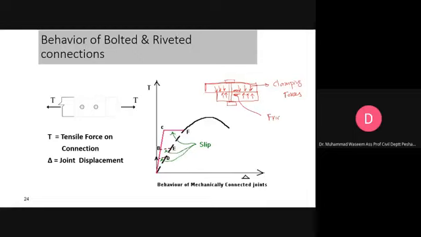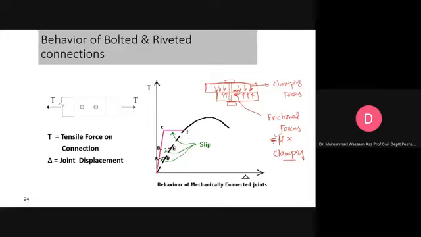Apart from the clamping forces, there will be frictional forces acting along the faying surface. The magnitude of the frictional forces is mu times the clamping force, where mu is the friction coefficient.